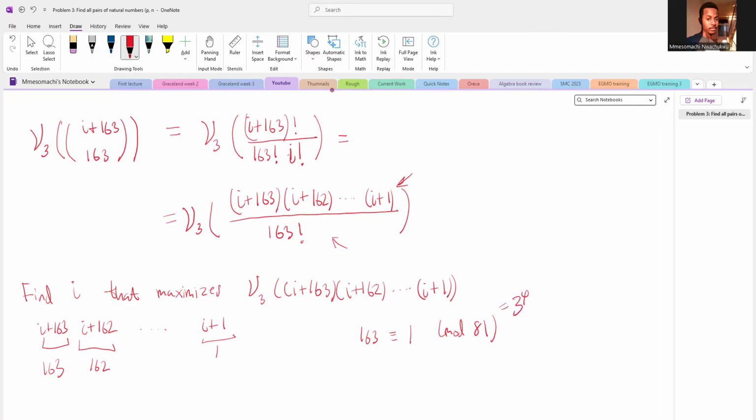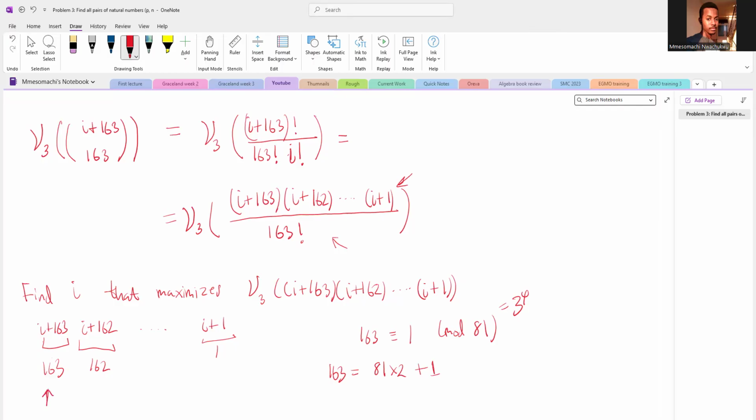So first we look at maximizing the number of multiples of 81 that appear in this product. Since 163 equals 81 times 2 plus 1, by the Pigeonhole principle, at most 3 multiples of 81 appear here.